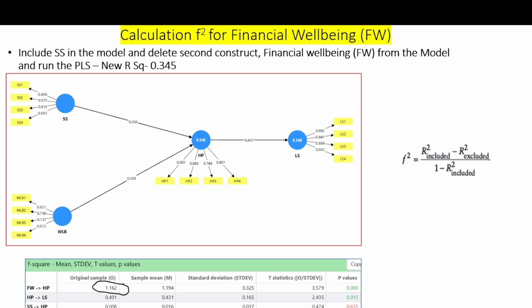Now the calculation of F square for financial well-being. In order to calculate this, we remove FW from the model and obtain the R square, which comes to 0.345, and then we put in these values. The R square included, once it was included in this model, was 0.673, and once it is excluded, the value comes to 0.345. So once we put all the values in this formula, we get the effect size of FW with respect to HP, which comes to 1.162.